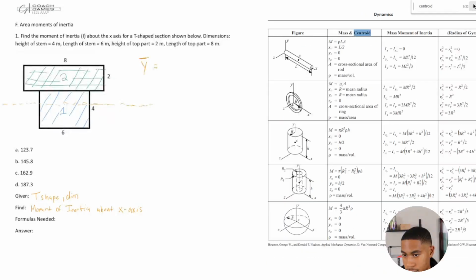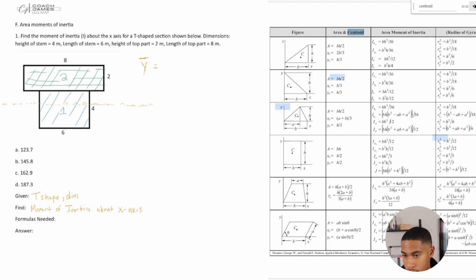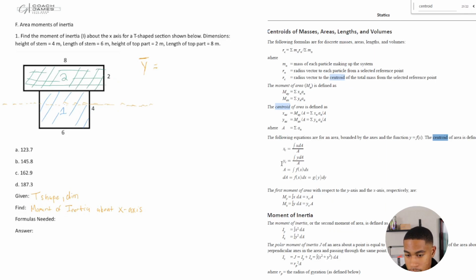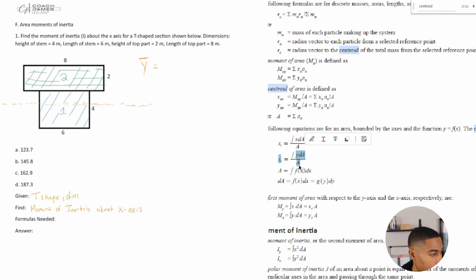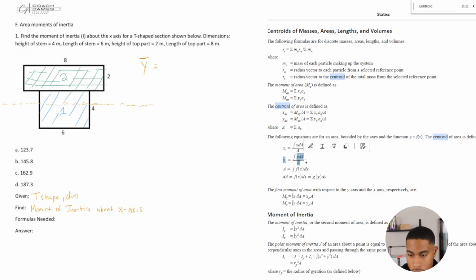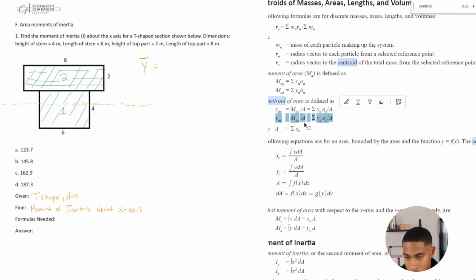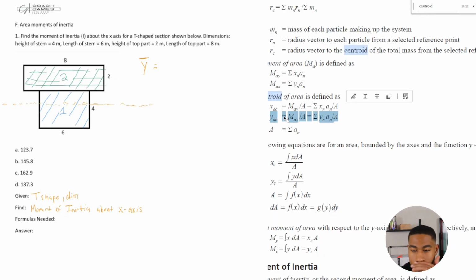So y bar of the entire shape is the sum of the y centroid of the individual piece times the area of that piece, all over the sum of the areas.